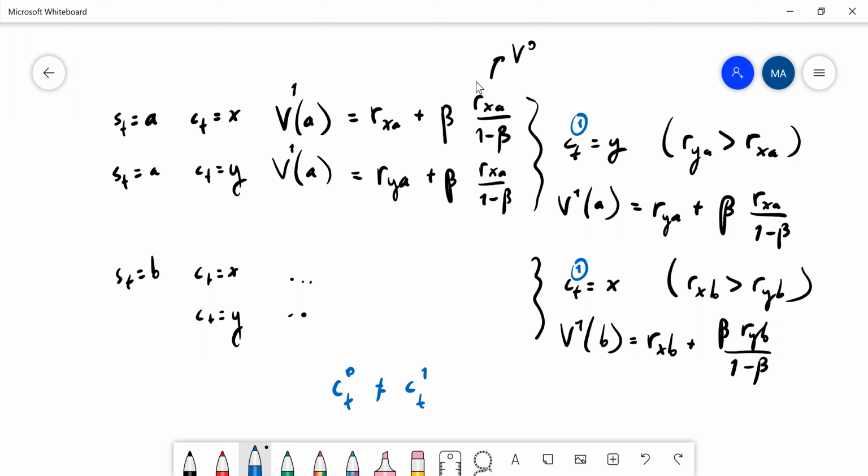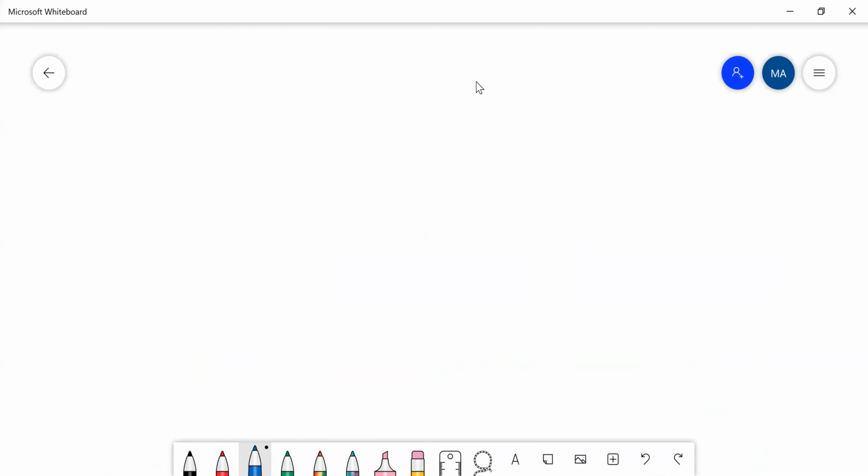Then you're going to go to the second step, okay? And in the second step, if you do the same, you're going to realize that there is a policy function. So I'm not going to do that, but you should do it.